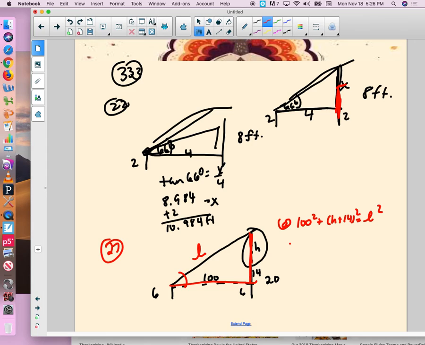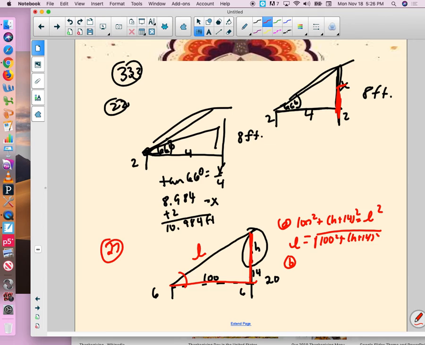If I square root both sides, L would be the square root of 100 squared plus H plus 14 squared. Technically we think about plus or minus, but this is an actual length of a tether, so we know it's the positive. Okay, and then the B part.